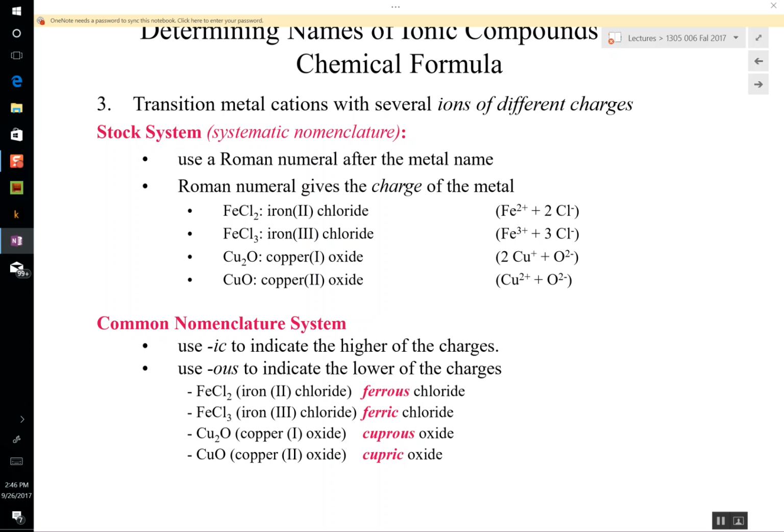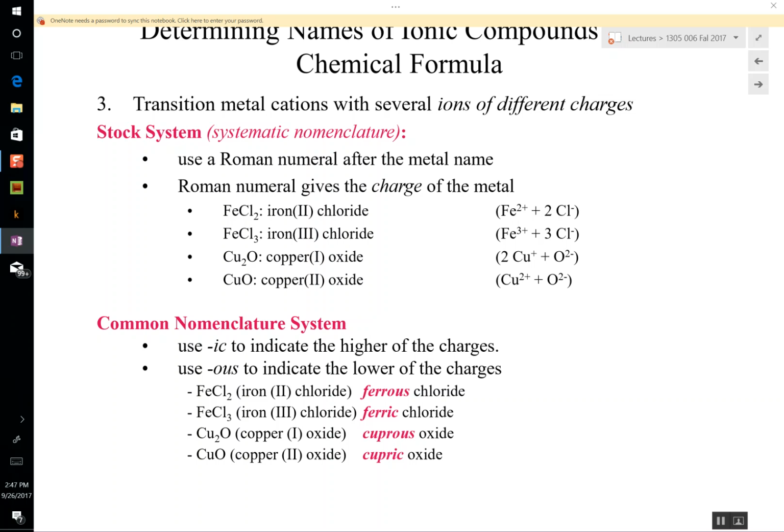But before they established this, these elements also had a common name. And notice here, this iron 2 was referred to as ferrous.